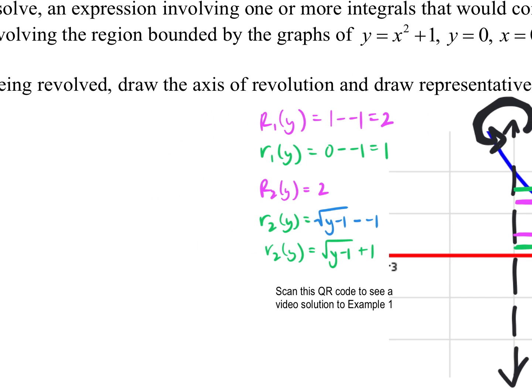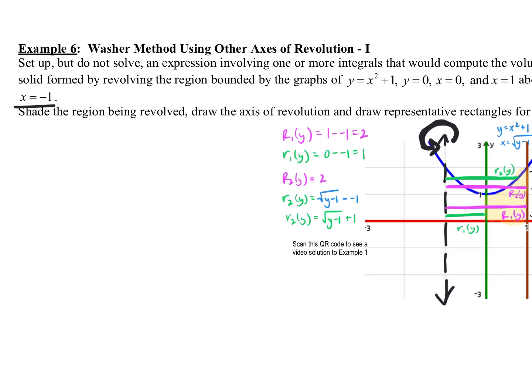Now that we have all this information, we can write our two integrals that we're going to add together. My first integral for volume 1 is going to be pi times the integral of big R1, which is 2, so 2 squared, minus little r squared, so minus 1 squared.